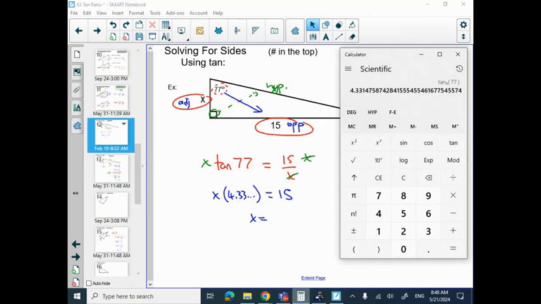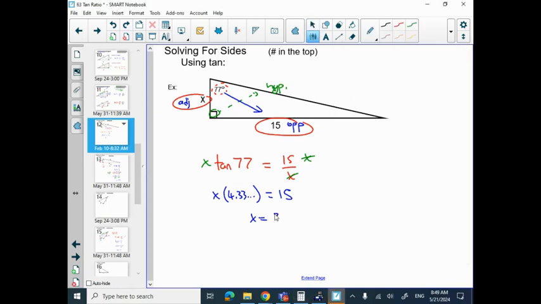So 15 divided by that thing. So again, if I stored that in memory and then did 15 divided by memory recall here, gives me 3.463. So about 3.5 or 3.46 or something.